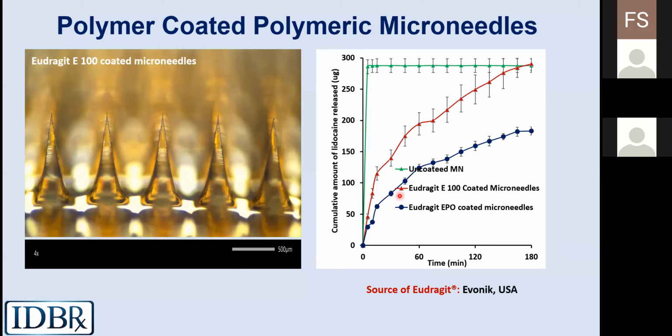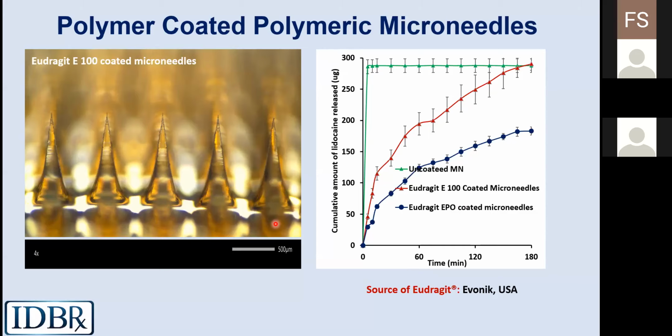We could achieve good control over the drug release up to 3 hours using these Eudragit microneedles. We used EPO and E100. Both are chemically similar, but one is available as powder and the other as solution. We used different concentrations; this was a preliminary experiment for us.